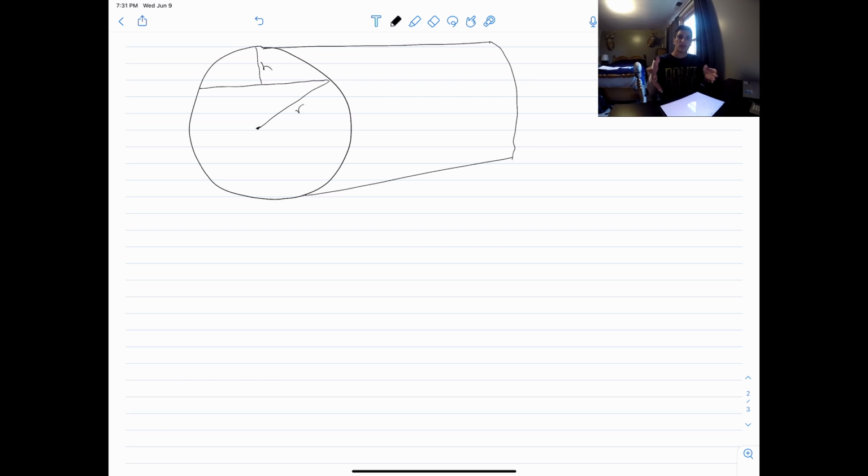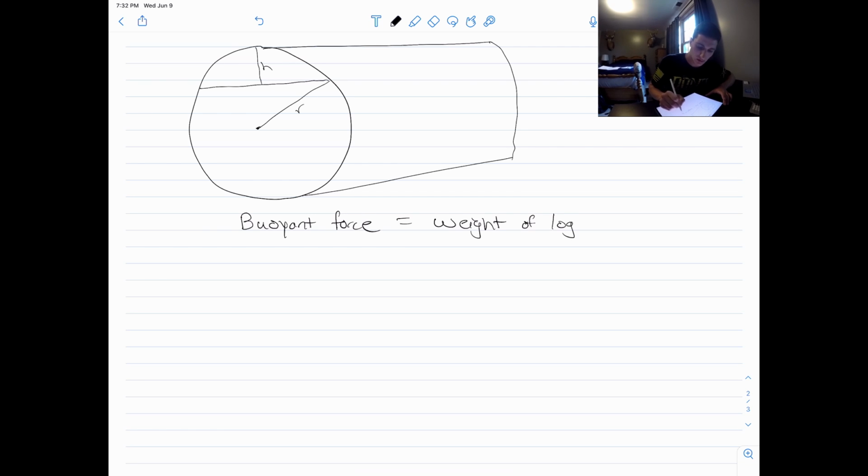So we know that if this log is sitting still, the log is displacing some amount of water, some amount of fluid. And what we know about buoyancy is that it's the weight of the fluid displaced. So our buoyant force is equal to the weight of the log, right?